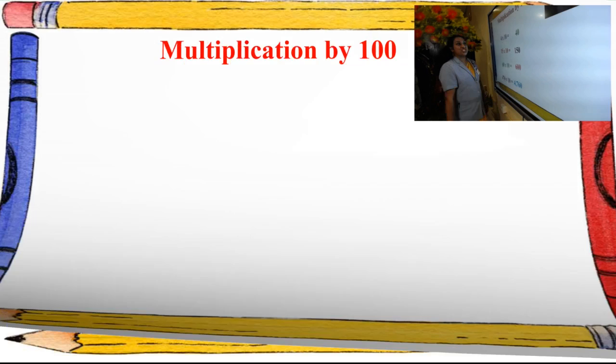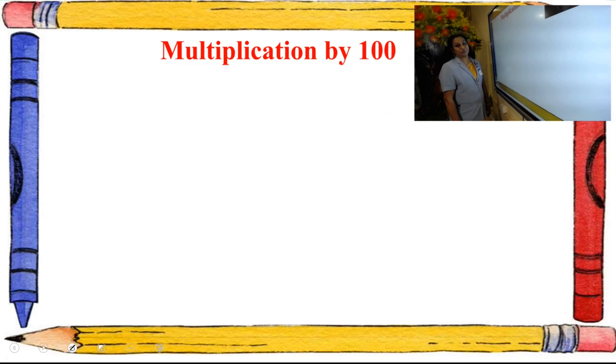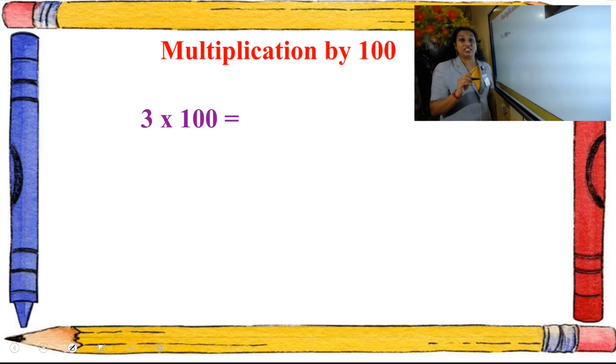Next, multiplication by 100. We will see 3 into 100. Here also the same procedure, but here 100 has how many zeros? 2 zeros. So multiply 3 with 1, that is 3, and add how many zeros? 2 zeros. So the answer is 300.